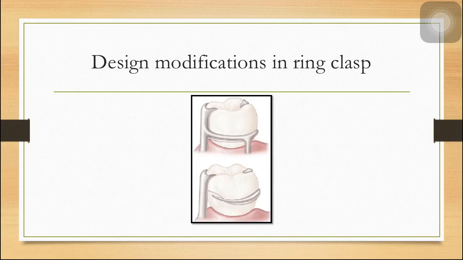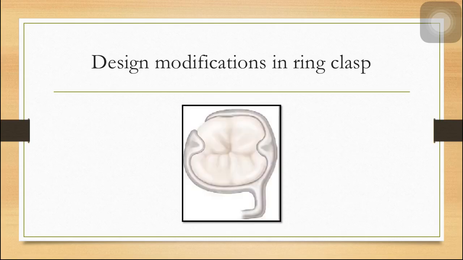If the undercut is on the buccal surface, then this supporting strut should be on the lingual surface, and in doing so, this lingual portion acts as a reciprocal arm, and the retentive arm starts from this supporting strut on the lingual surface towards the buccal surface. You can see that this is the buccal surface, and the undercut has been engaged with the help of the terminal end of the retentive arm.